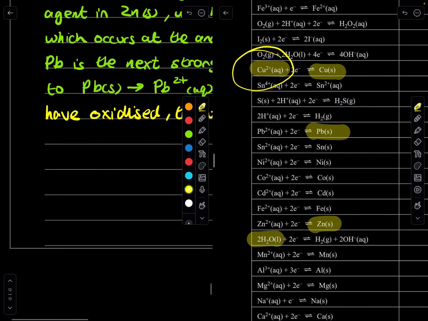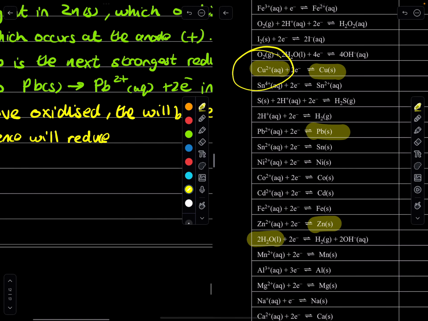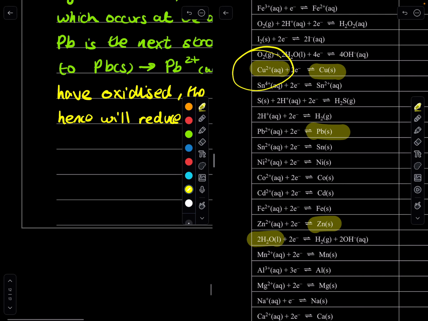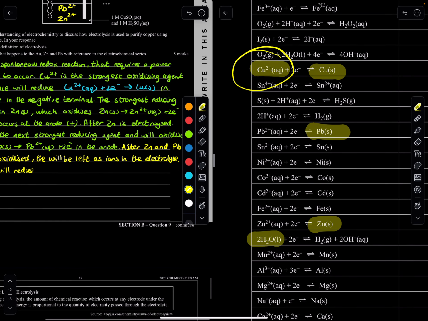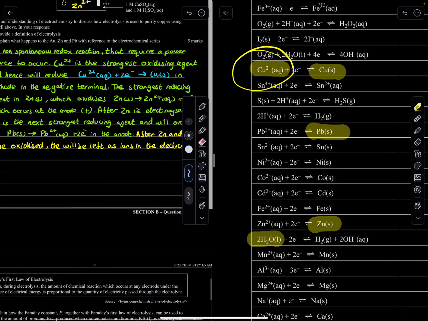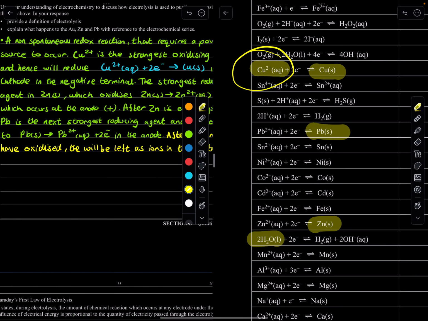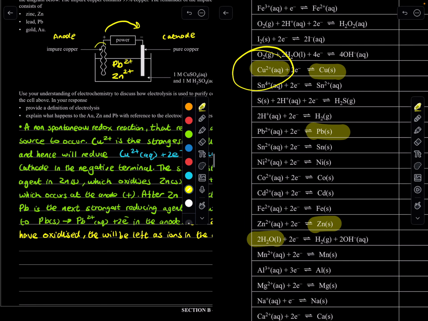What am I talking about? Electrolyte, not hence. So they will be left out as ions in the electrolyte, and after they've become ions, we only have Au, gold, and copper left in the anode.